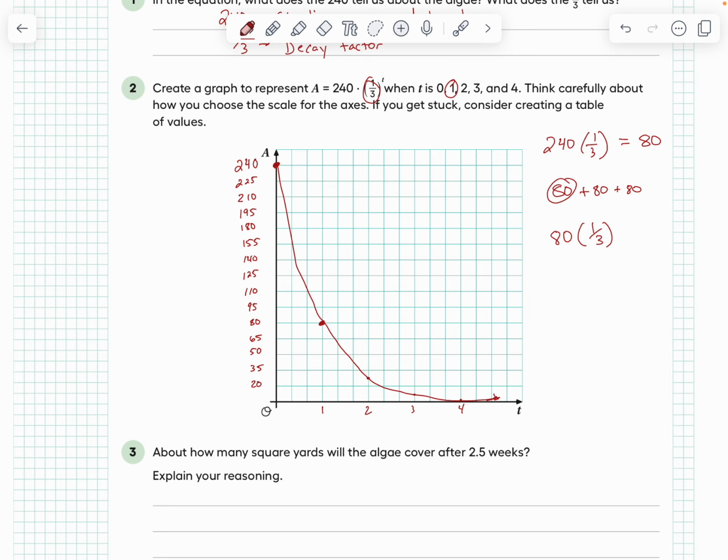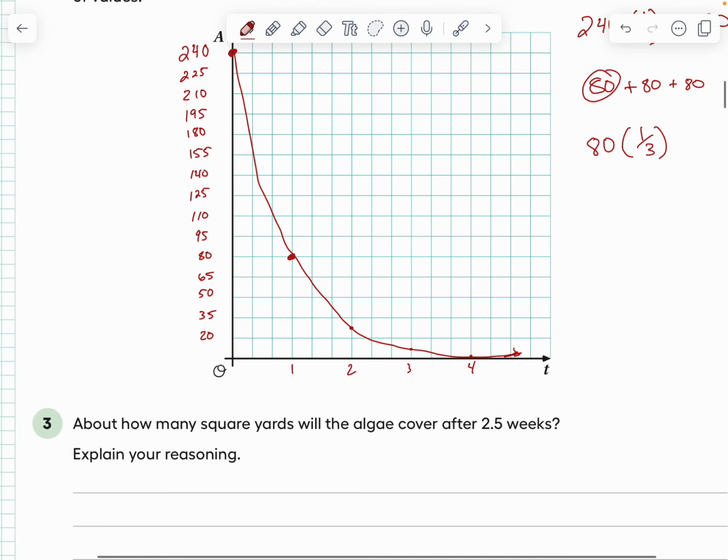And it says about how many square yards will the algae cover after 2.5 weeks. So 2.5 weeks is about there. I'm going to guess it's going to be about, let's say, 17, 18 yards. Okay, that's my guess.